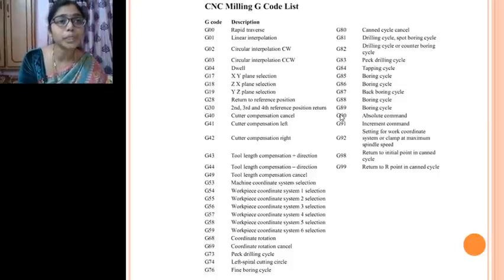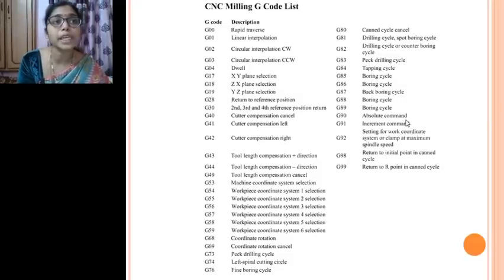So for the system to know, we have to write whether we are using absolute mode or incremental mode. If you define the coordinates based on one reference point, then we say it is absolute mode, and you have to mention it as G90. Or if you define the points in terms of increment, then you call it incremental command. If you define the points in incremental mode, then you give G90, right?